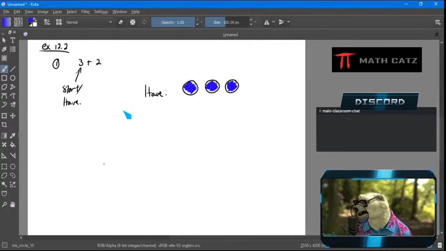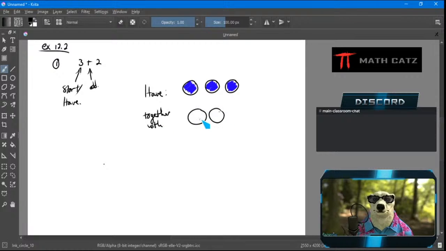Then, we don't know the reason, I am gaining, or let's just keep the word adding, right? I'm adding 2 more chickens. So then, actually, I'm going to use a different word. Maybe little Timmy doesn't like add. So I'm going to put this together with 2 more chickens.